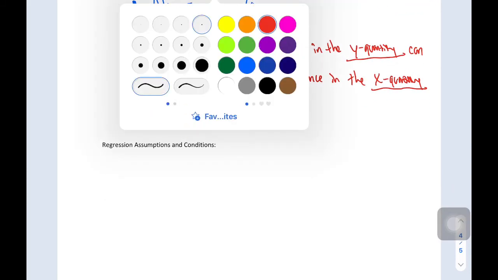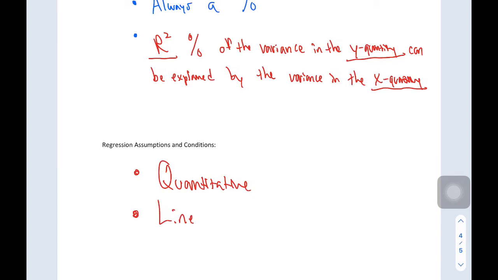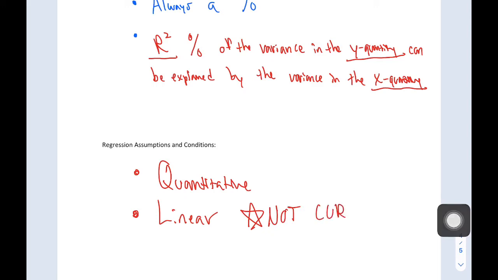All right, guys. And then these last regression assumptions and conditions, I mean, we already mentioned this before, just a refresher. We need to make sure that we have two quantitative variables. Otherwise, we can't have a scatter plot. We can't have correlation if they're not quantitative. We want linear data, not curved.